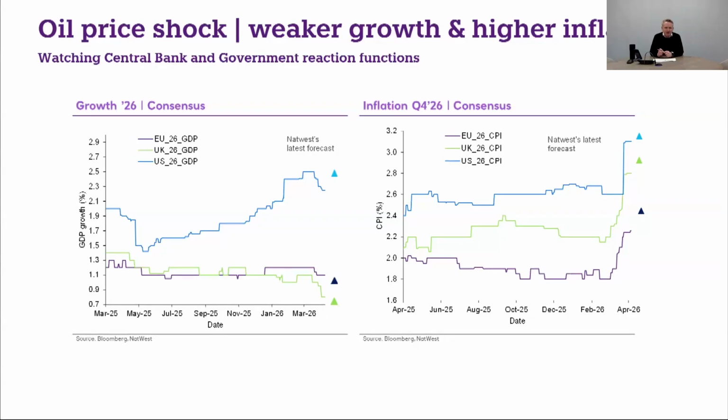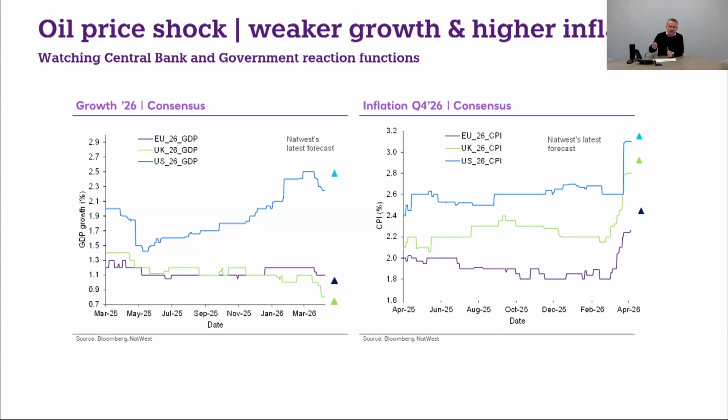So that's the Euro area, UK and the US. And we also have the same for inflation by the end of the year. And you can see as the conflict started, people have revised down their expectations for growth across the economy. That was something the IMF was talking about recently. And on the other side, inflation, you can see that the biggest impact comes through higher inflation.